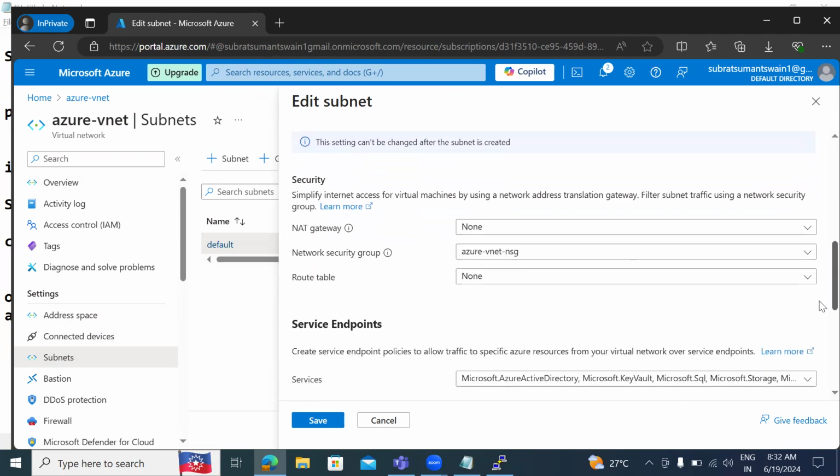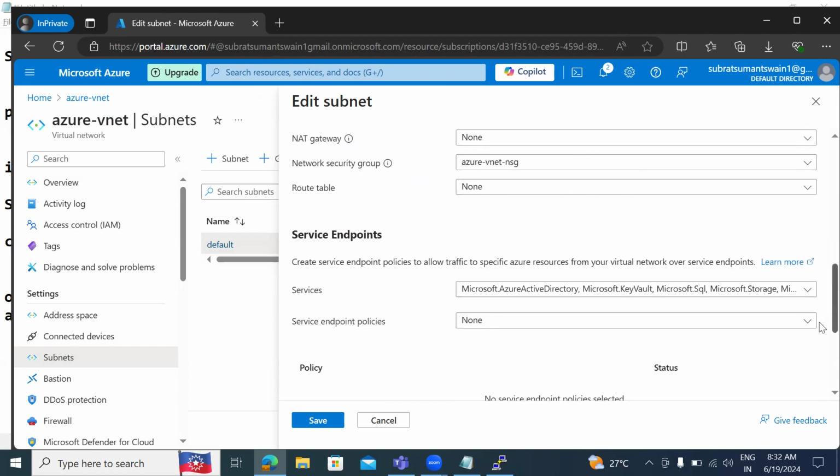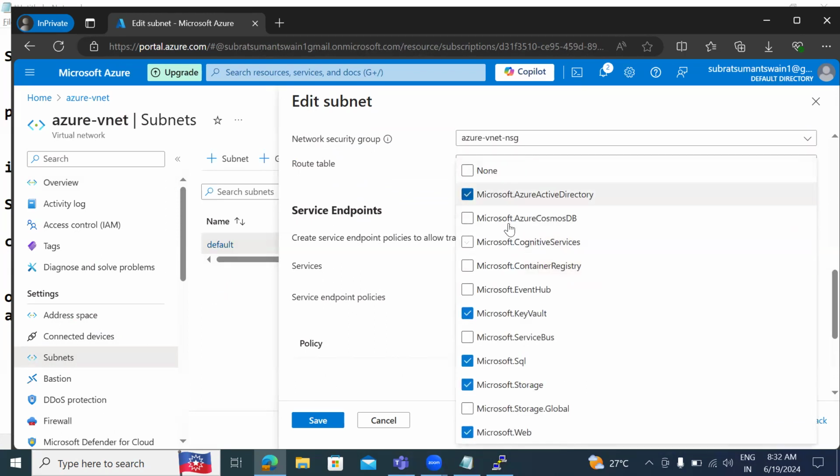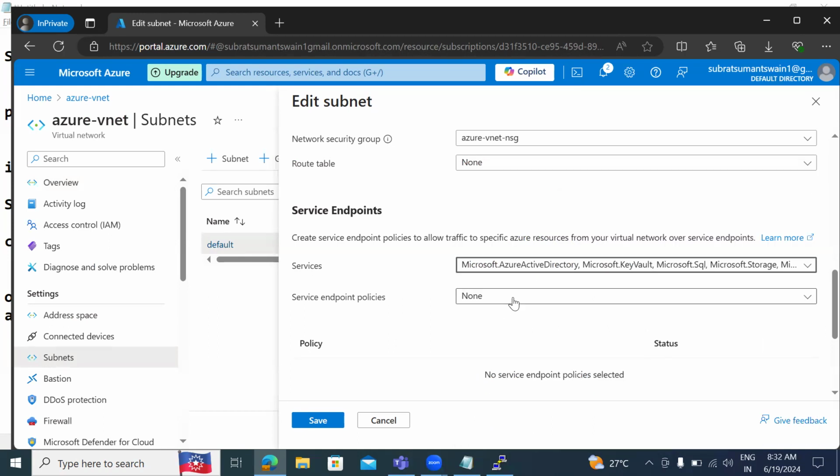Now we attached one NSG and we've given service endpoints, all these service endpoints we have given. And in the service endpoint policies, you can attach one NSG, you can attach your own, and if you still want more firewall rules or a route table, we can attach those also.